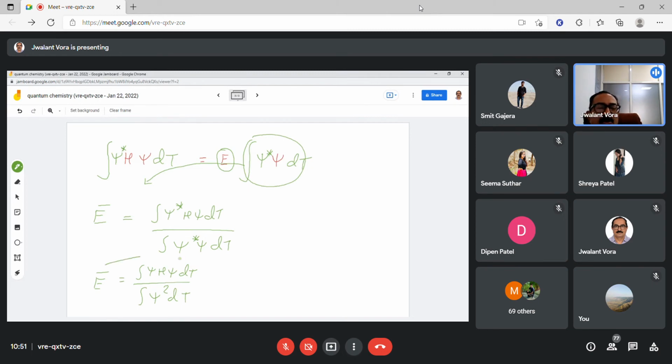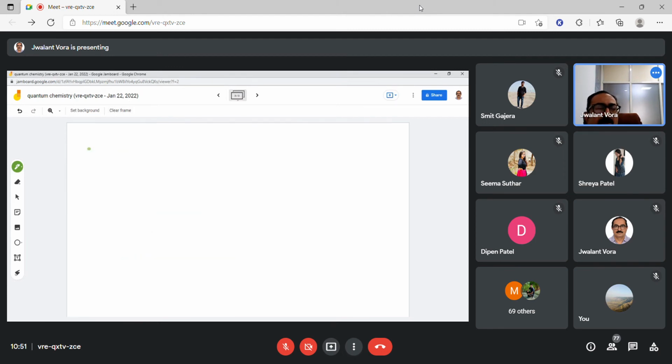Right? So we will use this particular equation. So E or E bar is equal to integration psi H psi d tau divided by integration psi square d tau.